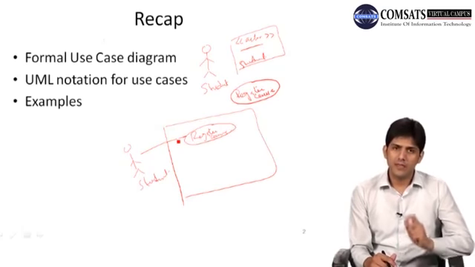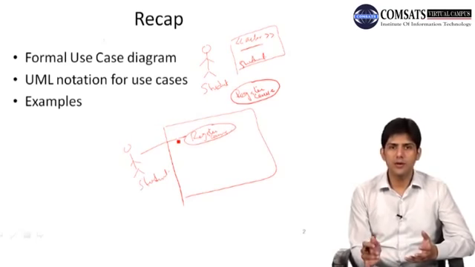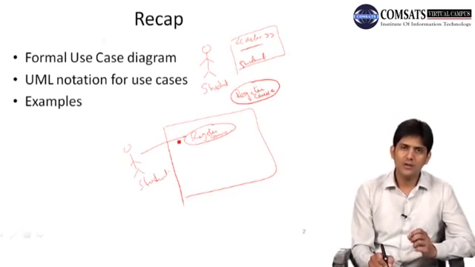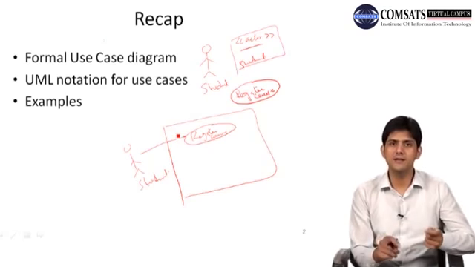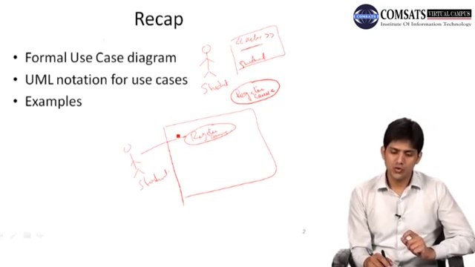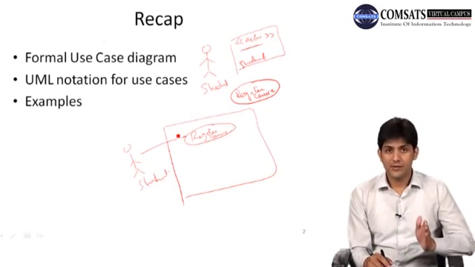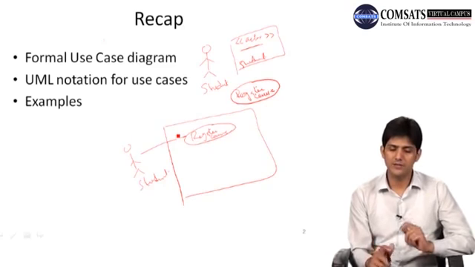Now, as we discussed, giving a direction to this arrow is not important, but at times an arrowhead is pointed towards the use case because the actor is going to interact with the system. But normally it is not required to have an arrowhead when you are trying to represent a normal relationship between an actor and a use case.